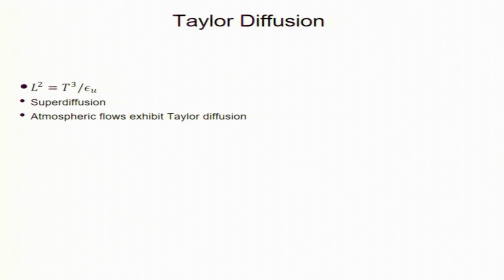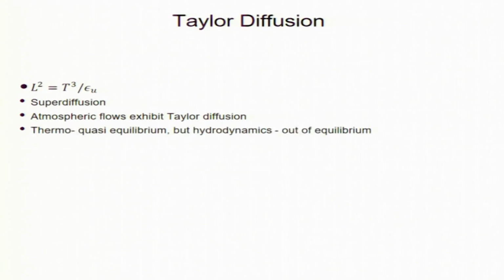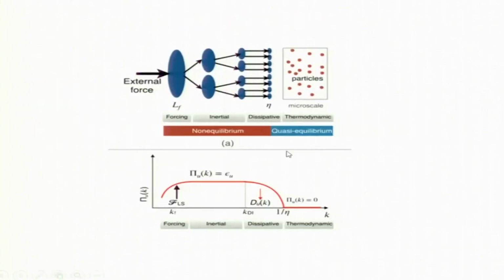Atmospheric flows exhibit Taylor diffusion. So, we are all living in a non-equilibrium world now. Thermodynamics does not work for the atmosphere, and so this is a picture. Thermodynamics is equilibrium, but I am going to give an example here. This is the hydro part, the fluid part. I supply energy at large scale, and this goes into smaller scales. But finally, at the smallest scale, it goes into thermal energy of the particles.